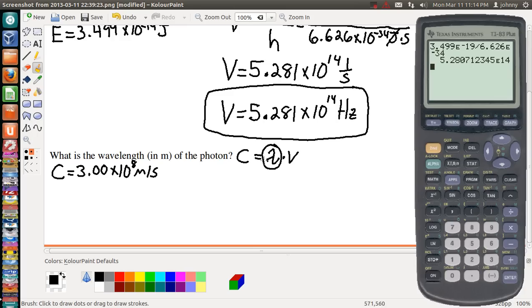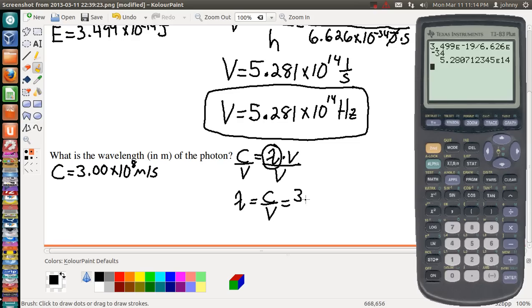Okay, now just like earlier, we have to divide both sides by V to get the wavelength by itself. So that gives us wavelength equals C divided by V. We just need to plug these into the letters now, the variables, and we'll be done.